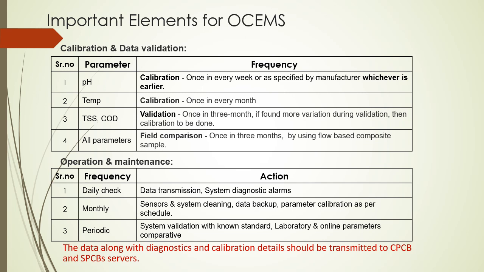For example, the OCMS manufacturer may say the calibration should happen in 4 days, or maybe twice a week. That should be considered, whichever is earlier, right? Similarly for temperature, TSS, COD, every frequency is given, and these are all given in the SOPs as well as the other documentation which is available on the CPCB website.